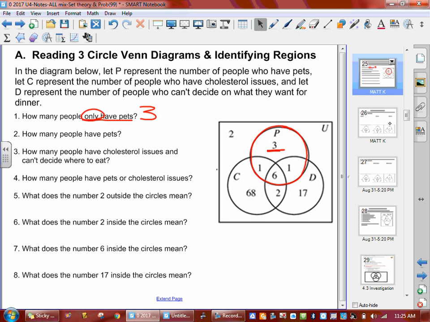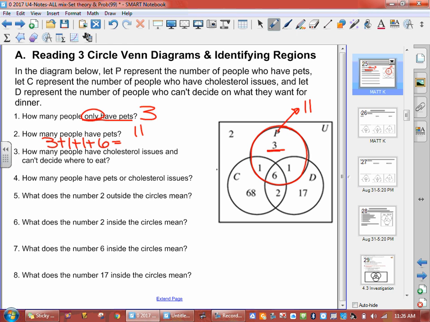So I'm going to take 3 plus 1 plus 1 plus 6 to give me 11. So 11 people have pets in that circle. If we were building this Venn diagram, we would have a line coming out with the total of the circle. So that is the total of my P circle.